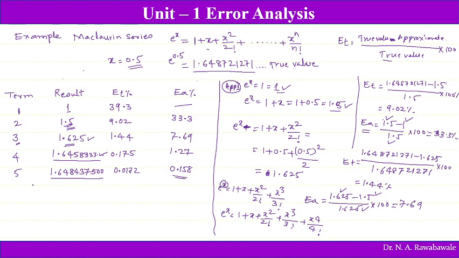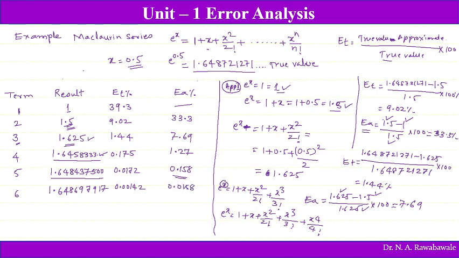So say if we consider 6 terms, then the result obtained is 1.648697917, and the true error works out to be 0.00142, whereas the approximate error becomes again 0.0158.